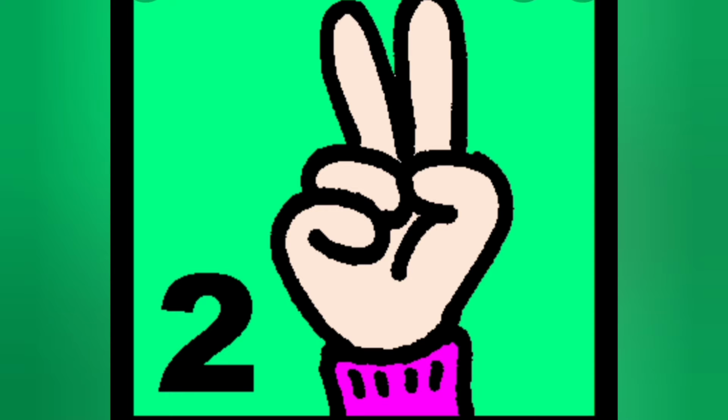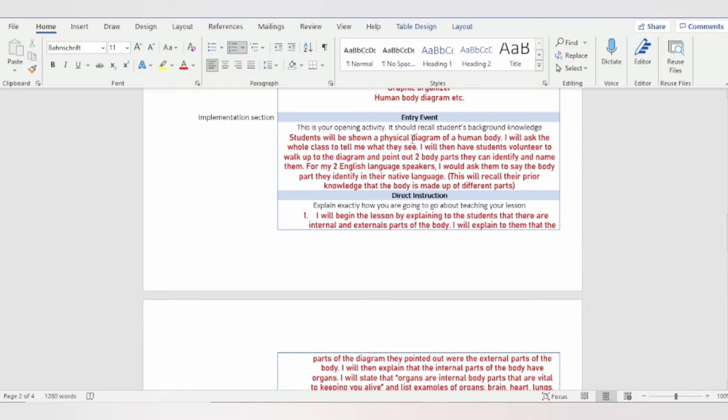Let's get into it. Entry event. The entry event is at the starting of your lesson, so it's your opening activity. It should recall the students' background knowledge. So for mine, I came up with an entry event that says students will be shown a physical diagram of a human body.